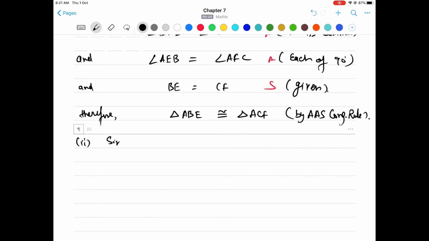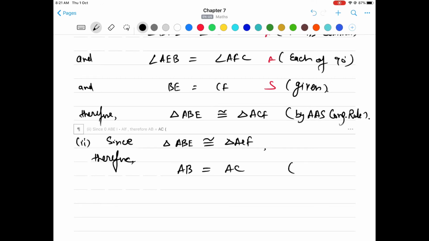So write, since triangle ABE is congruent to triangle ACF, therefore side AB will be equal to side AC, because corresponding parts of congruent triangles are equal, that is CPCT.